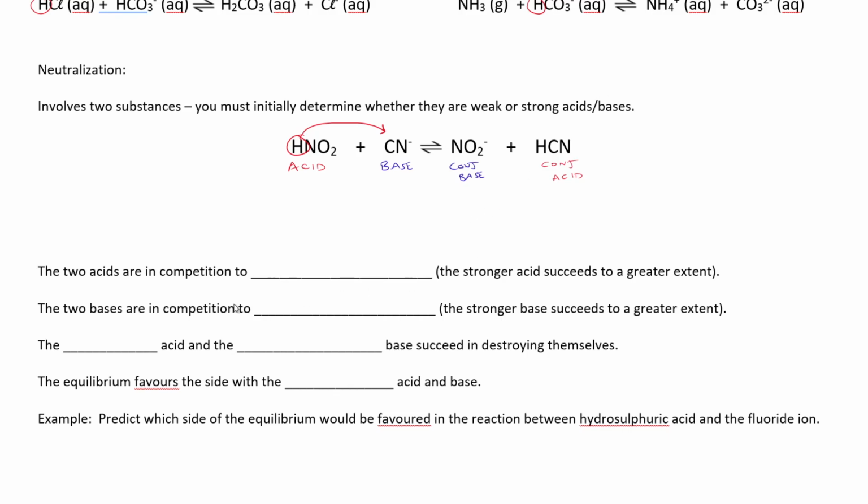So the two acids here, HNO2 and HCN, are in competition to donate protons. So the question is, will this donate protons to CN minus, or is the reverse reaction, right, this one right here, which reaction is going to happen more, the forward reaction or the reverse reaction?